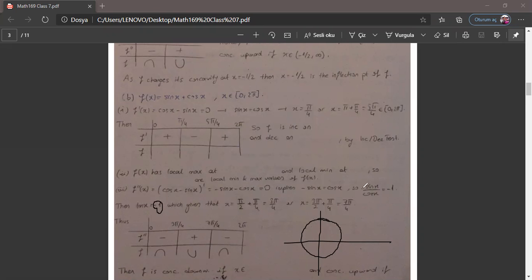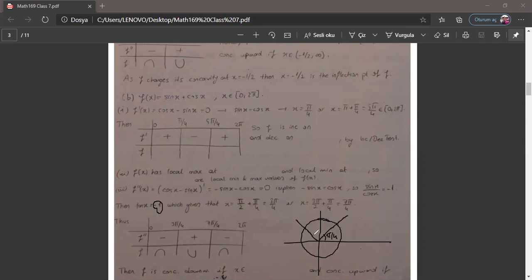Okay, then it means sine x and cosine x are equal in magnitude, but their signs are different. That's why you get minus here. If you take pi over 4, they are both positive, so you cannot.